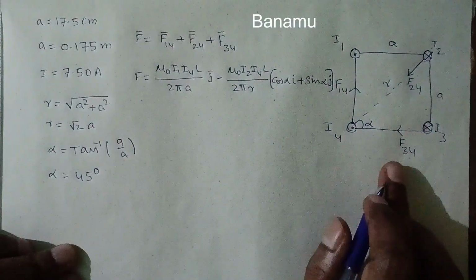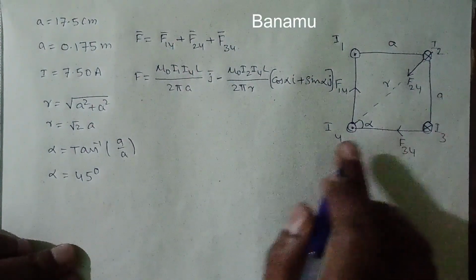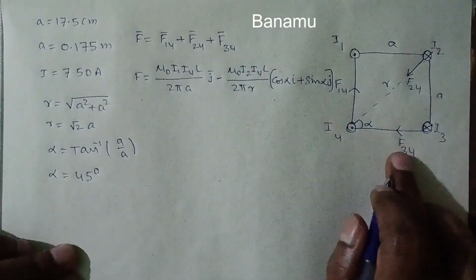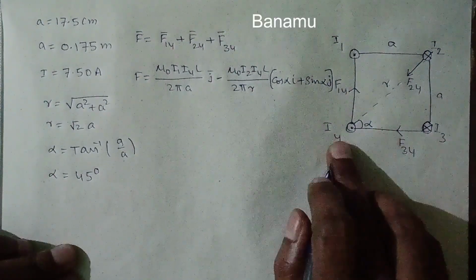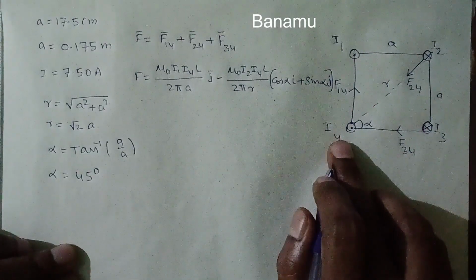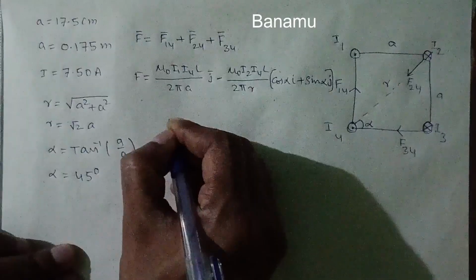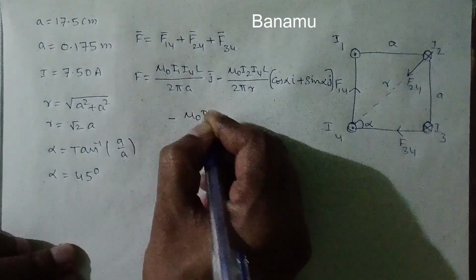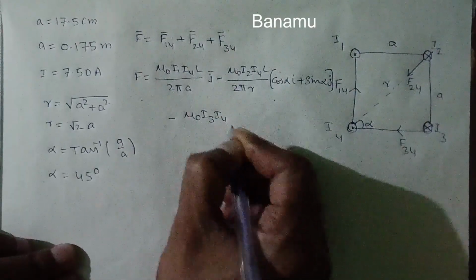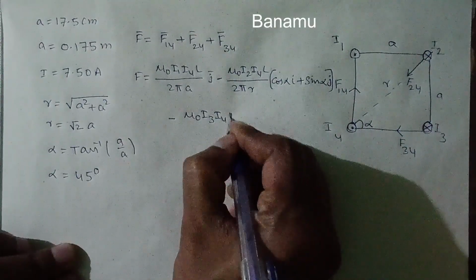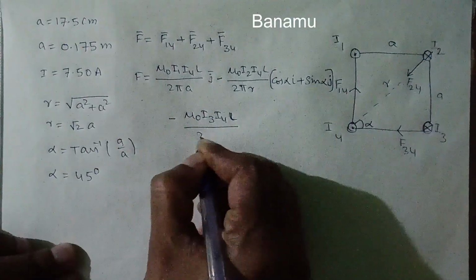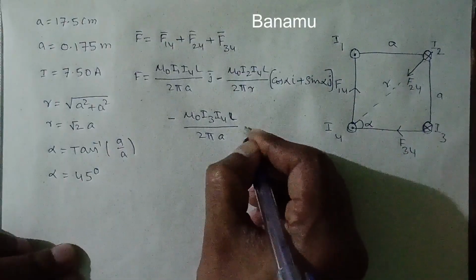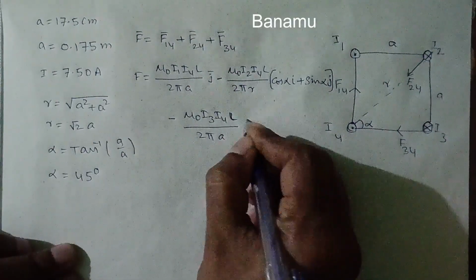And the magnetic force on wire 4 due to wire 3 is F34, where F34 is directed leftward, the negative x direction, so negative. The value is mu naught I3 I4 L by 2 pi A, along the i bar.